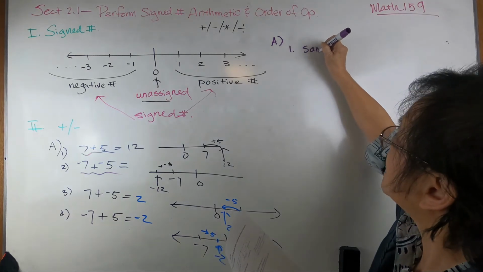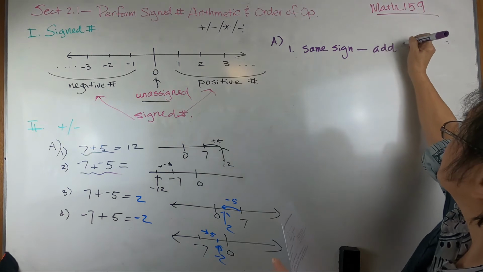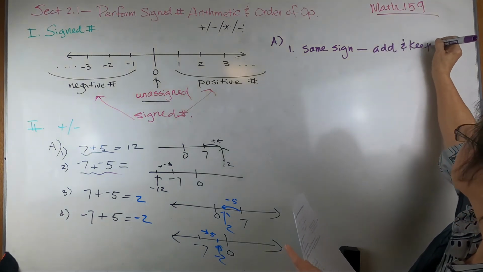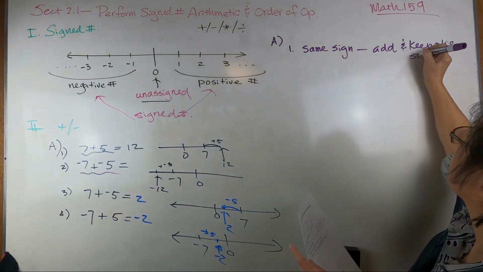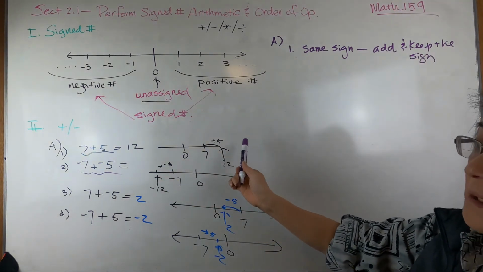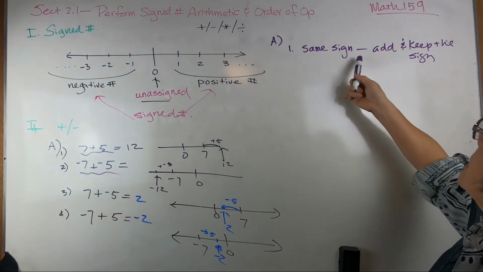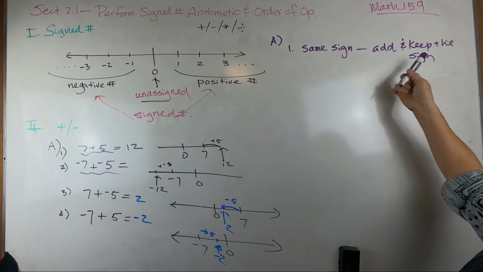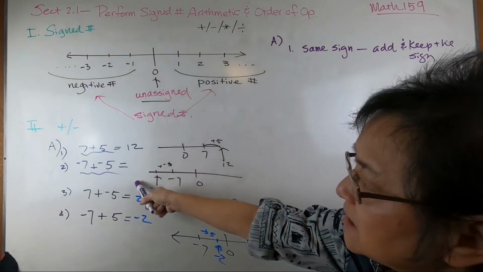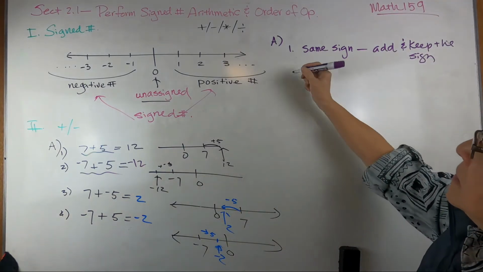If it's the same sign, you add and keep the sign. If it's positive, you end up still on the right-hand side. If negative and negative, you go left, you end up on the left-hand side. If it's the same sign, you keep it. So like this one, negative 12, you keep the sign, right?